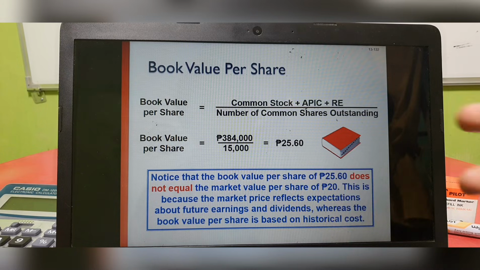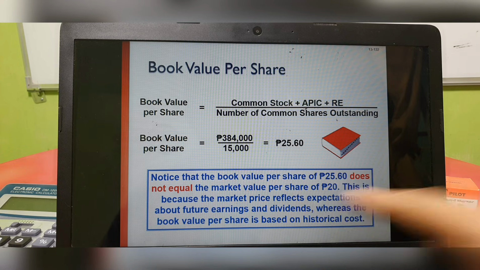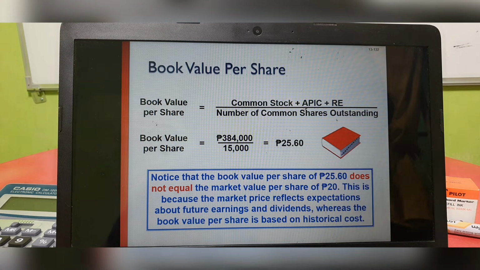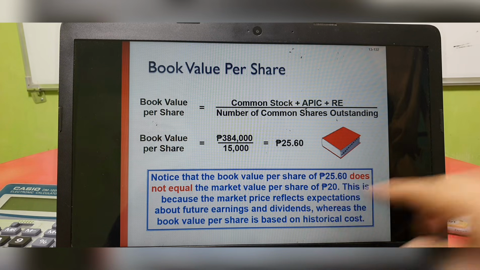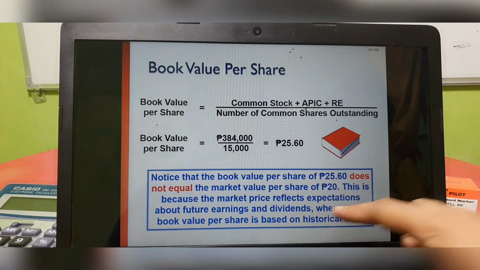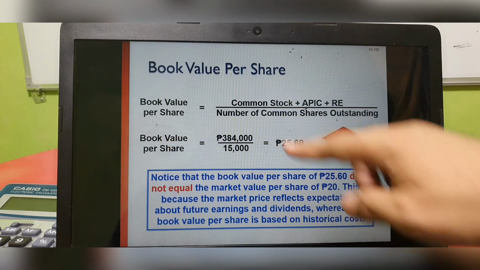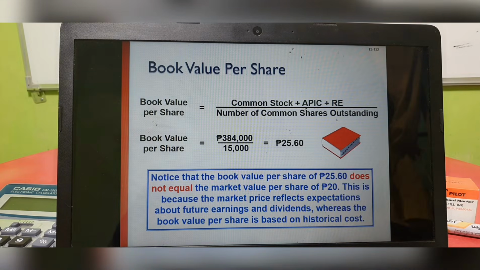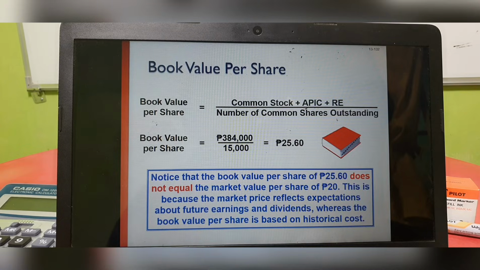Kasi nga, yung market price natin na 20 pesos or any other market price, because it reflects pati yung mga expectations natin ng future earnings and dividends. Pero yung book value is based on the historical cost. Based on historical cost meaning sa common stock, sa par value, APIC, yung premium natin over the par value, and then the retained earnings. Okay?